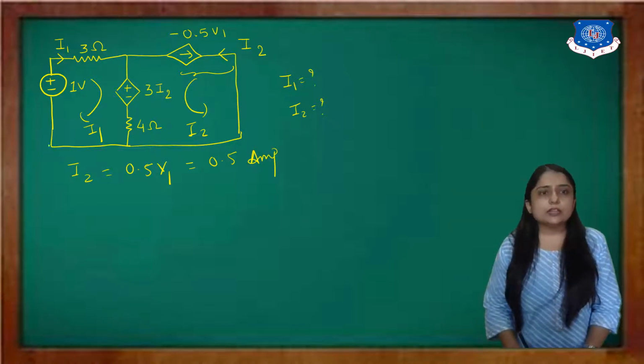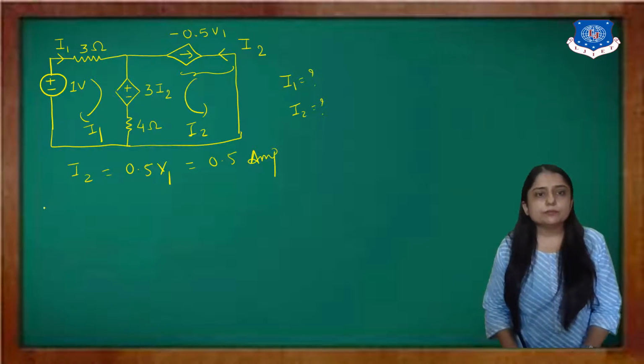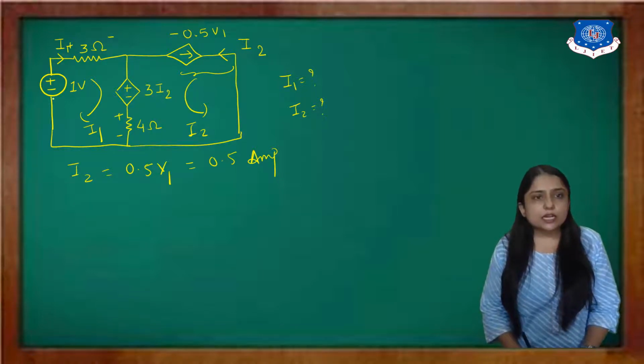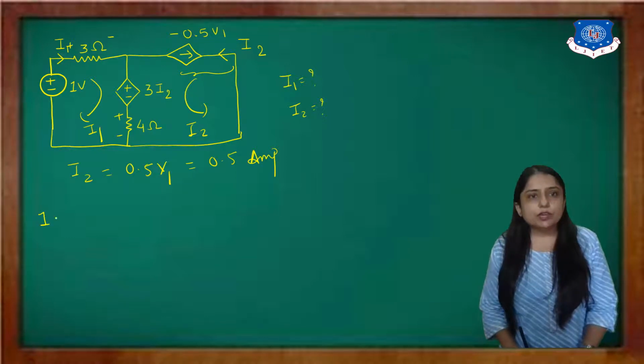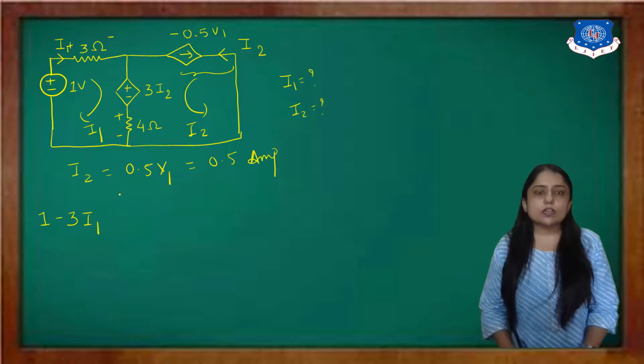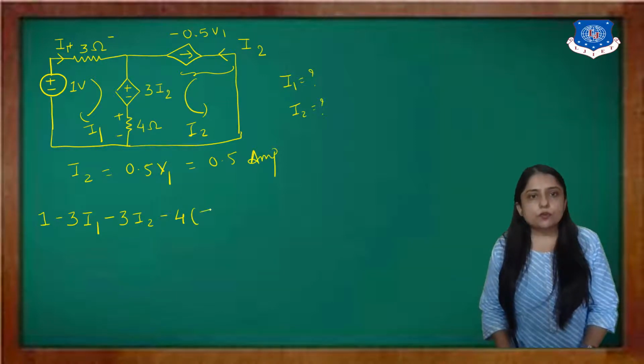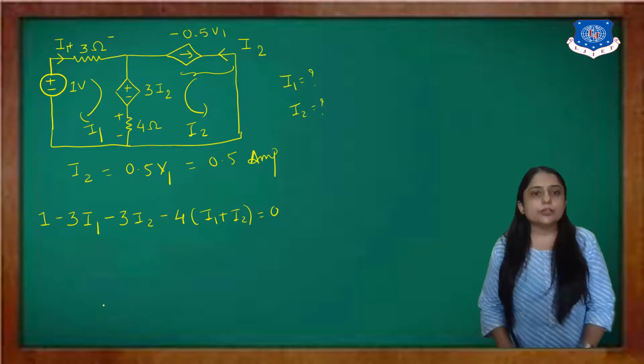Now I will write down the equation for this loop. My equation will become, plus minus, and here I will just mention plus minus. Then you start with this 1 volt. Then 1 minus 3, current is I1. Then this is a current dependent voltage source, so it's 3I2 minus 4, and the current will become I1 plus I2, that equals 0.